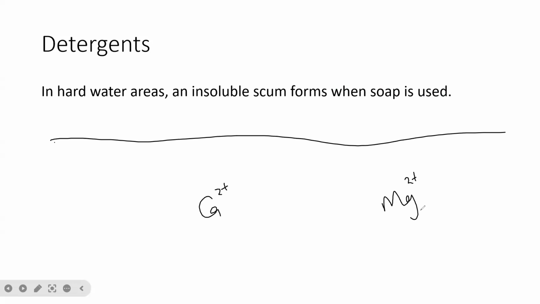Now, remember that the soap molecules, I told you, when the soap molecules come into water, they come as what? Let's go back to our green. It comes as Na, there is COO, then there is the snake part. Then there is Na, there is COO, then the zigzag hydrocarbon part.